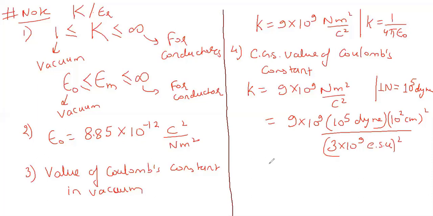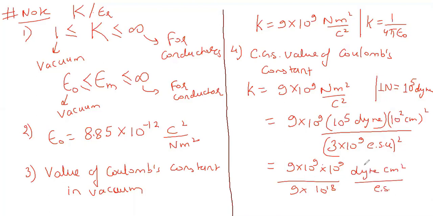So whenever we solve this value, you can easily see, 9 into 10 raised to power 9 and into 10 raised to power 5, and square is 10 to the power 4. So it will be 10 raised to power 9 once again, and here 3 square will be 9 and 10 raised to power 9 square, so it will be 10 raised to power 18, and here we will get dyne centimeter square divided by ESU square.